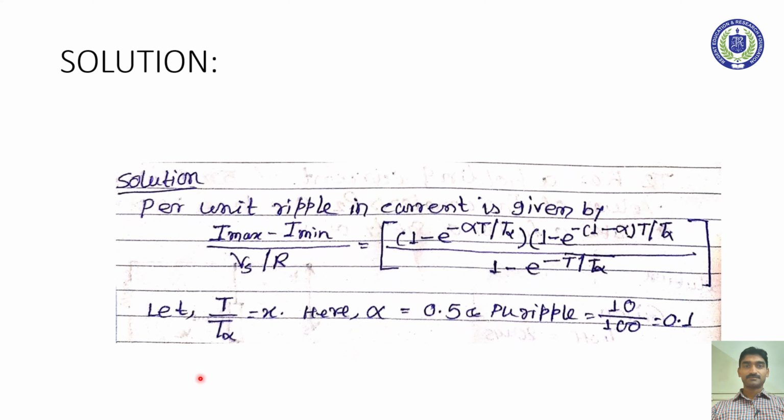So let T by T alpha be equal to x, and alpha is 0.5.